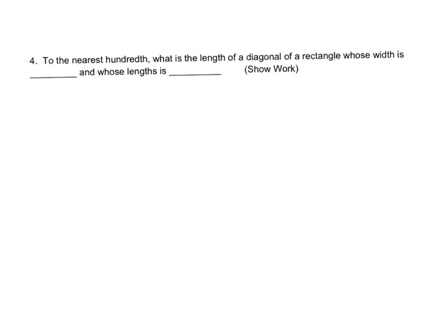For our last practice problem in our notes, we have: to the nearest hundredth, what is the length of a diagonal of a rectangle whose width is 12 centimeters and whose length is 42 centimeters?